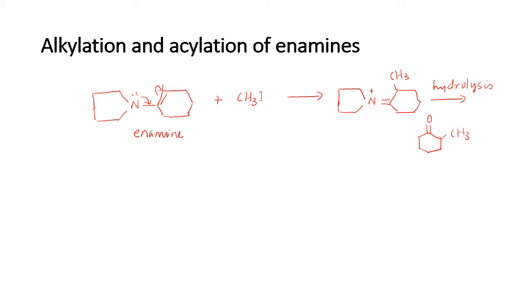So we get 2-methyl cyclohexanone. So when cyclohexanone is converted to an enamine followed by alkylation, we can methylate cyclohexanone at the 2 position.